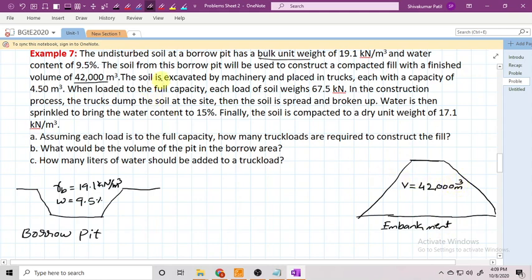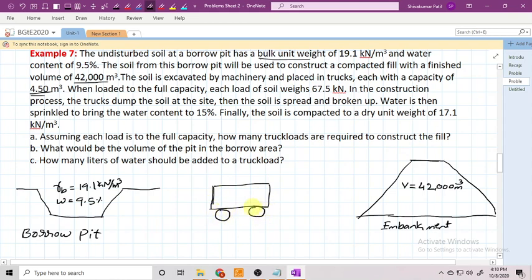The soil is excavated by machinery and placed in trucks, each with a capacity of 4.5 cubic meter. So this soil is transported to the embankment site by truck. Let me draw a small truck here. Suppose this is the truck, and these are the wheels.